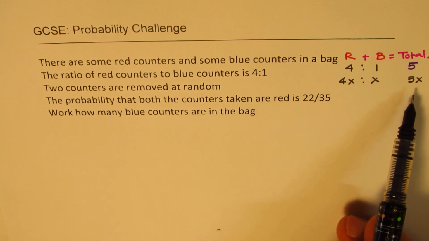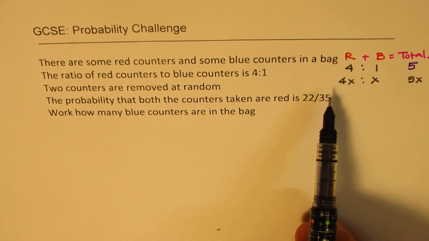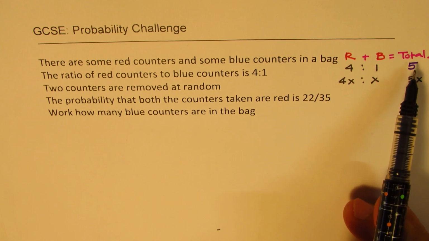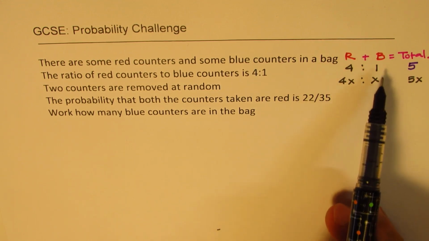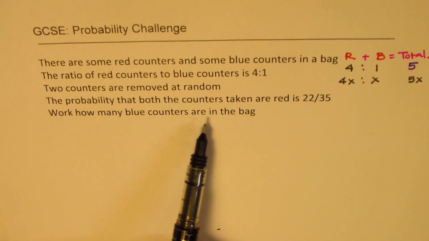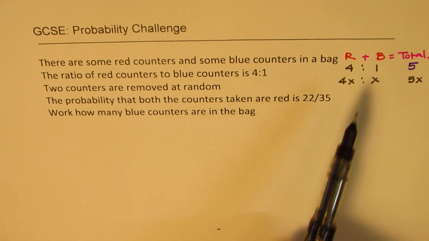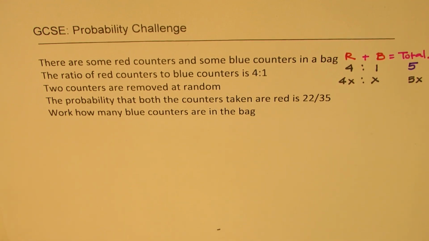You get the idea, right? So that is how we are going to begin with, right? So imagine there are 5x counters, correct? In that case, 4x are red and x are blue, right? Since we need to work out how many blue counters are in the bag, x is our blue counters in the bag, which we need to figure out, right?